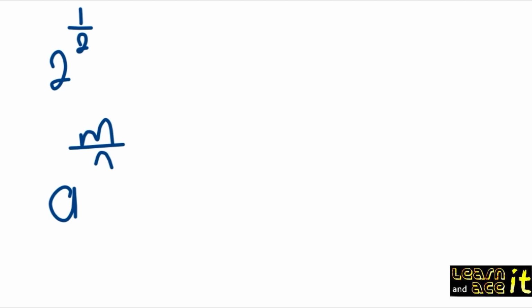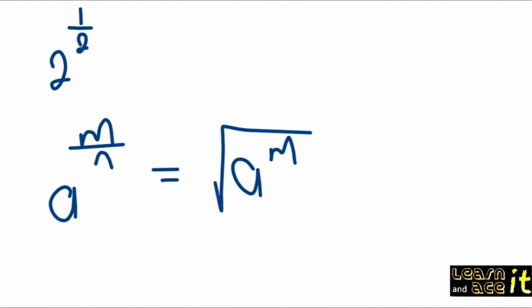Okay. Now, there's another property of rational exponents that you need to familiarize yourself with, and that is the fact that rational exponents can be converted to radicals or surds. Now, how do you convert them to surds? It's very easy. For example, if you have a to the power of m divided by n, that can be written as a to the power of m, root n.